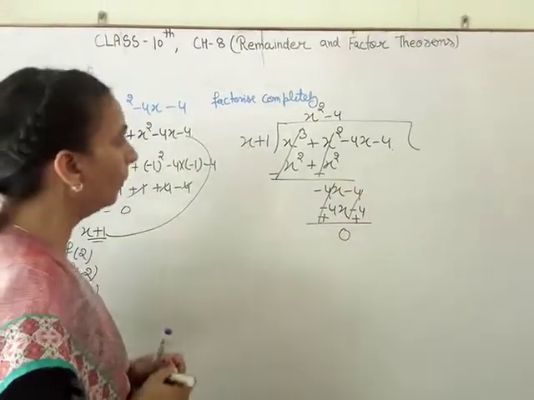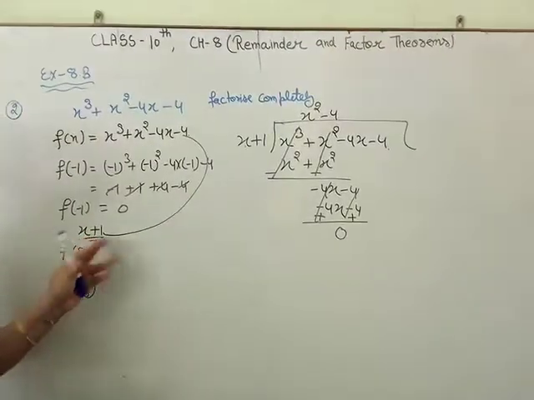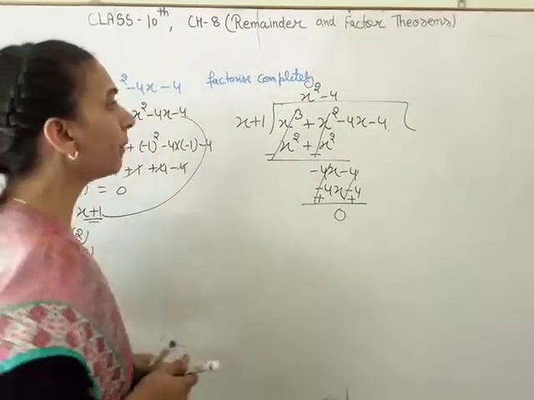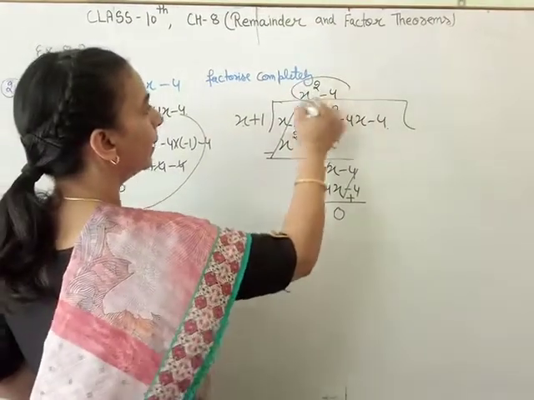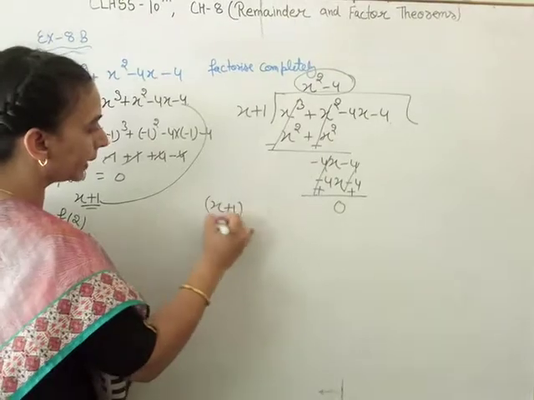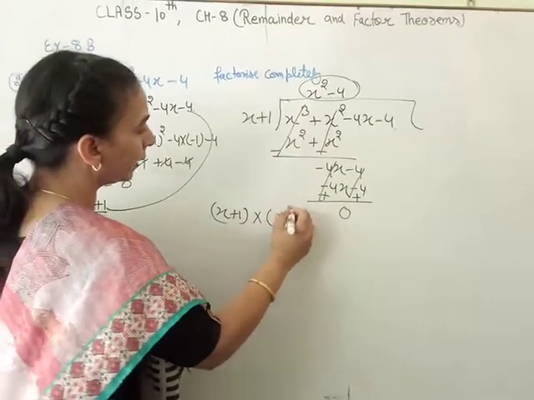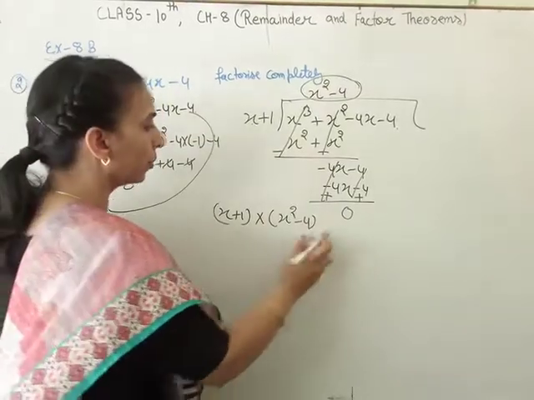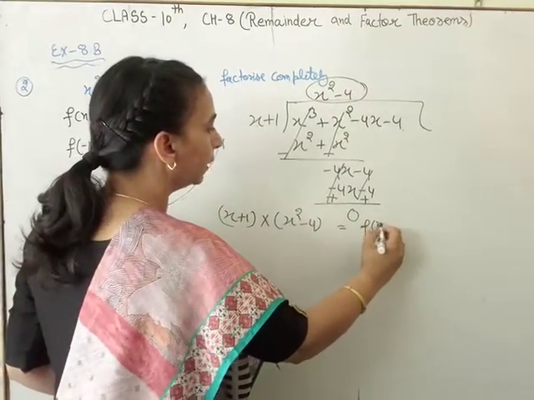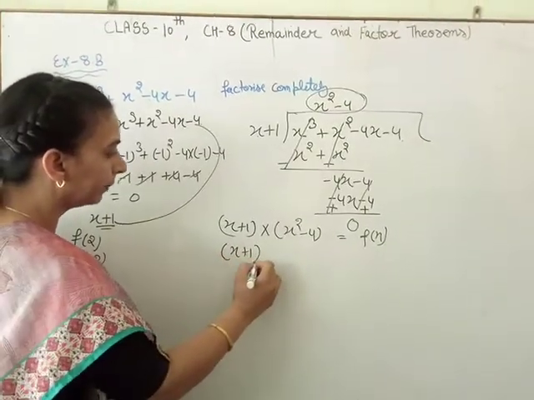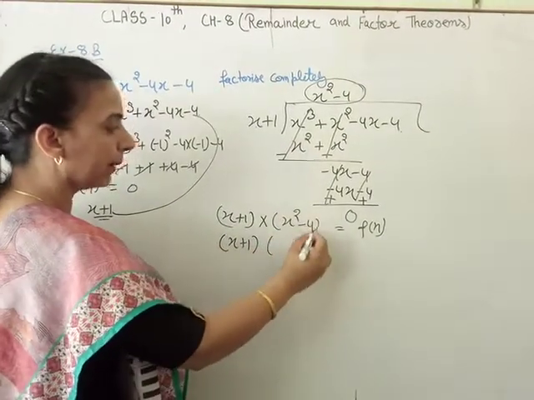Remainder is 0 because x plus 1 is a factor of the expression. So remainder is 0. We find the quotient. Then we write divisor x plus 1 multiplied by quotient plus remainder 0, so there is no change, equal to the given polynomial f of x. One factor is already there. Then this is a square minus b square.